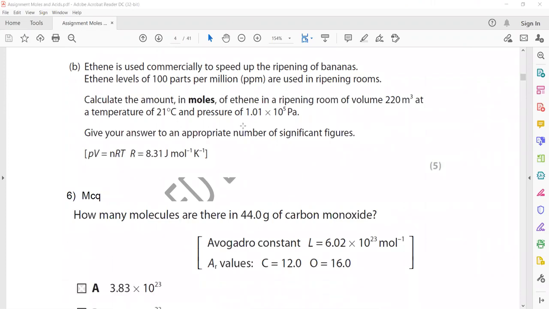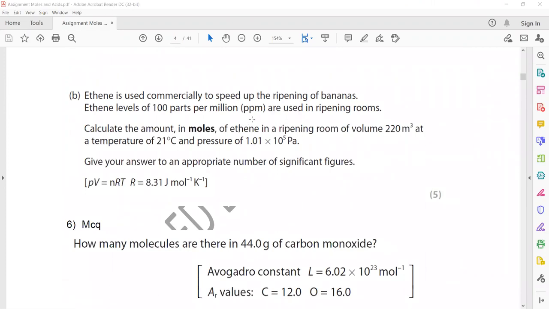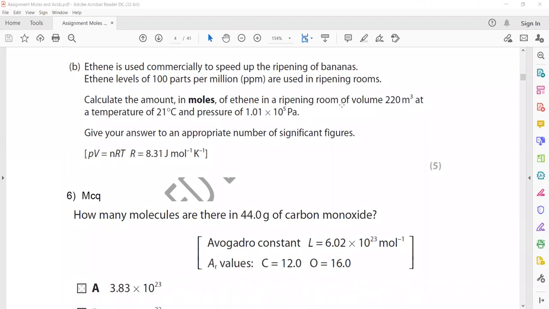In the next part, ethene is used commercially to speed up the ripening of bananas. An ethene level of 100 parts per million is used in a ripening room. Calculate the amount in moles of ethene in a ripening room with a volume of 220 meter cube.